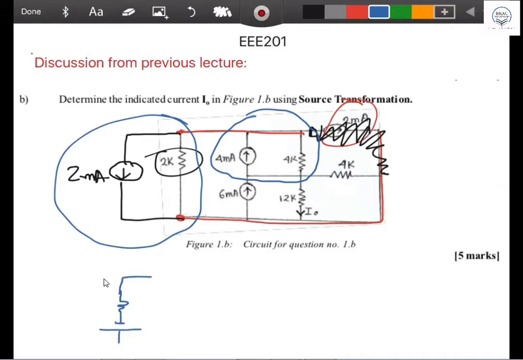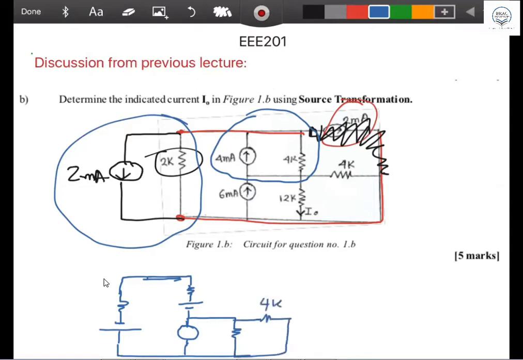And there is another conversion over there, where the positive terminal is, okay, you can go for the resistance, then go for the positive terminal, then you get your 6 milliampere current source and your resistor, I naught and your 4K connected here.